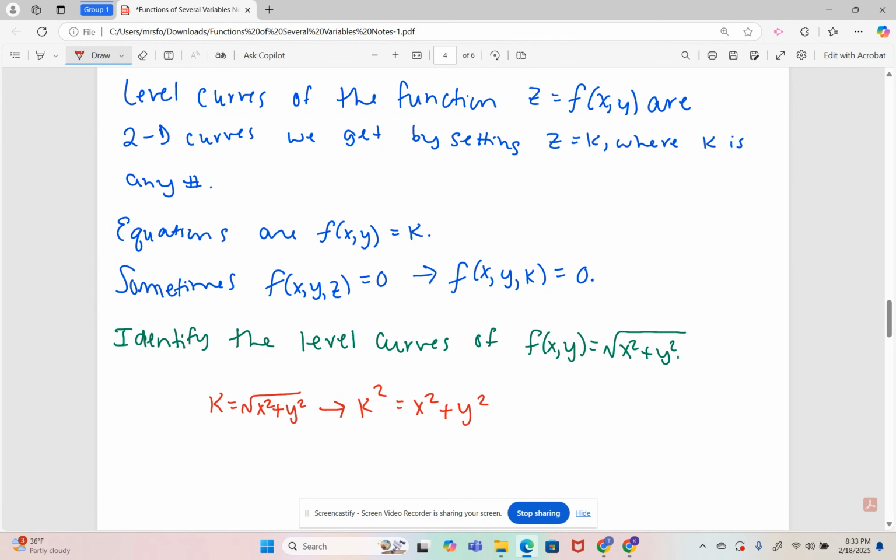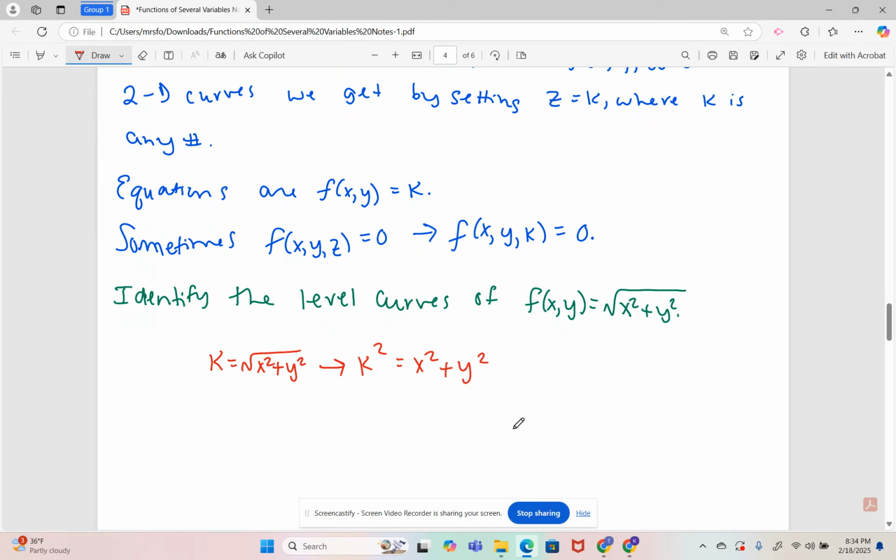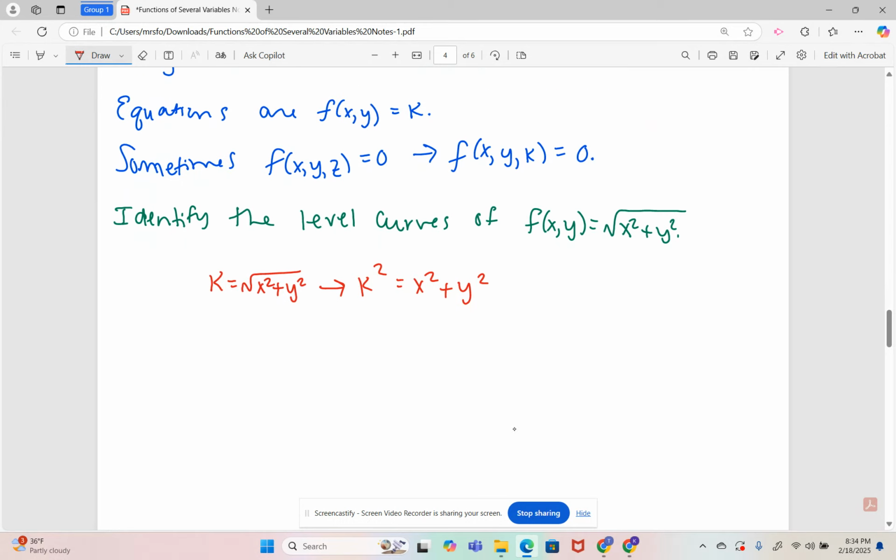So we can graph these. We need to ask ourselves, when k equals 1, when k equals 2, when k is different things, what will that look like?